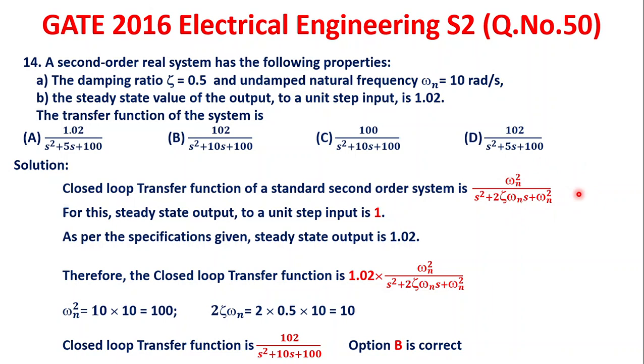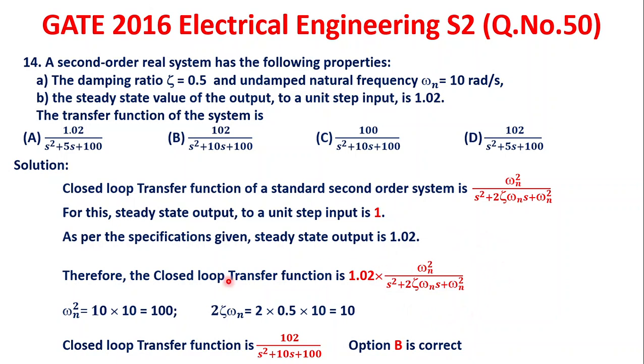Steady state error is 0, therefore output follows the input. But as per the specifications given, steady state value is 1.02. That means 1.02 is multiplied. Therefore, the closed loop transfer function is not in this form, it is 1.02 into omega n square by this form.